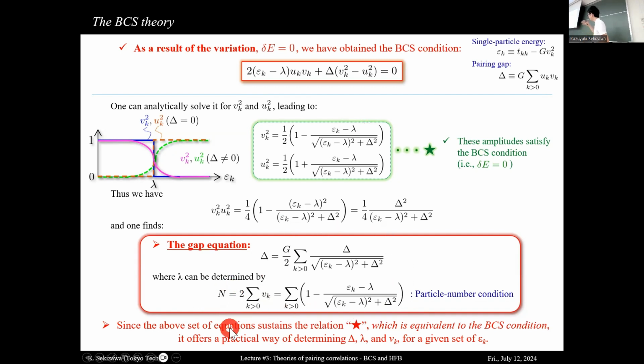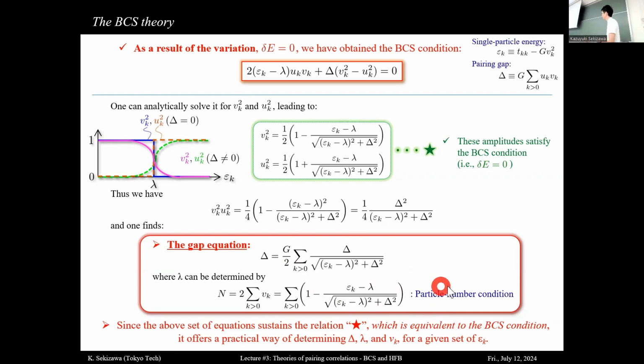Then using this chemical potential for the given single particle energies, you can solve this gap equation to determine delta. So it updates delta, and then once again you can solve this particle number condition for this new delta to determine the chemical potential, and you repeat this calculation until you get a convergent result.